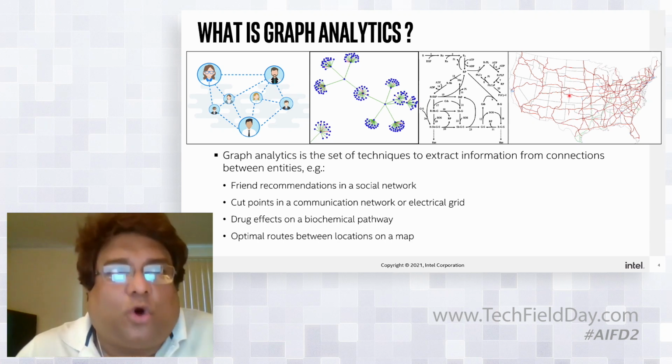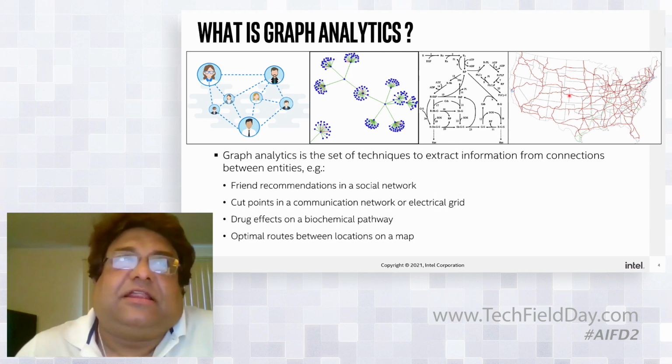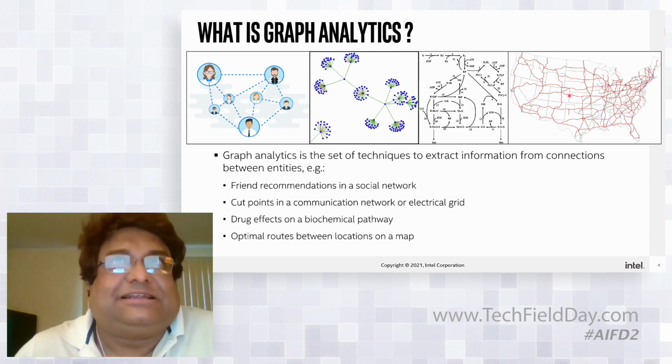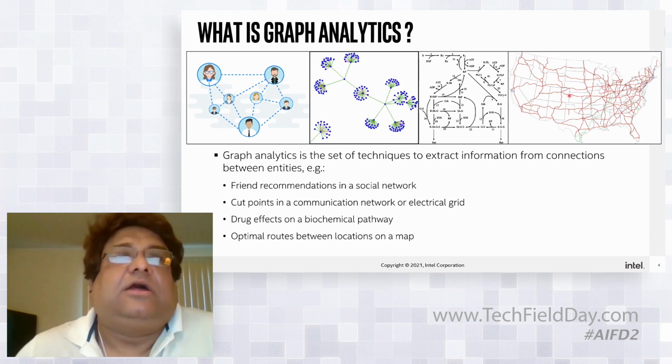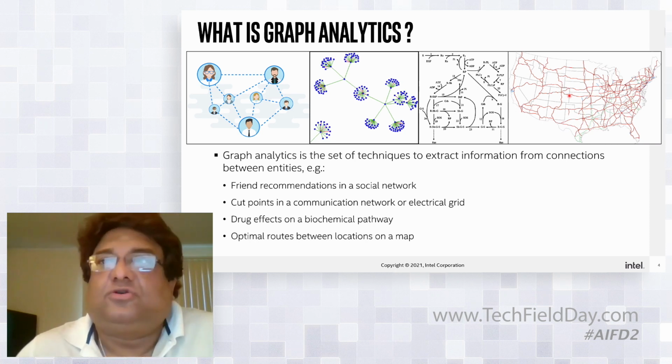So all of this entails graph analytics, graph-based neural nets and AI, and graph databases. And to talk more about what Intel is doing in this particular space across hardware and software, I'll turn it over to Ramesh from Intel.